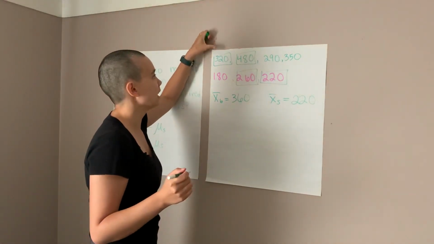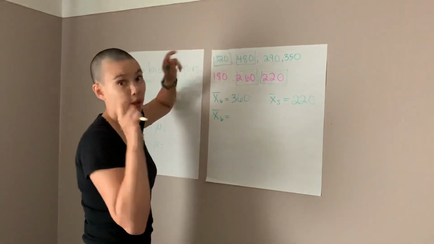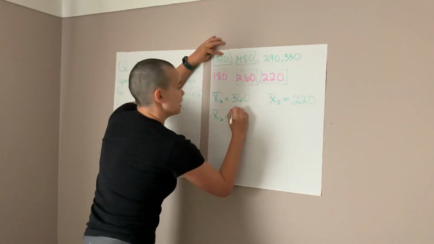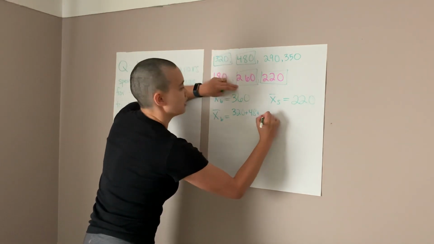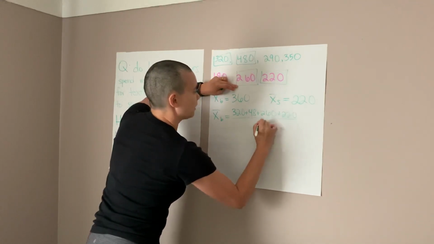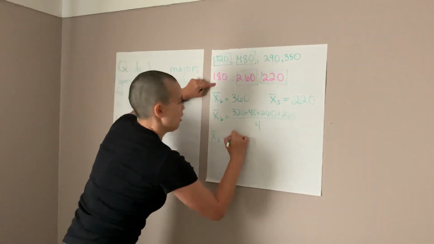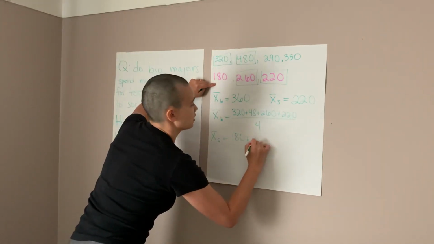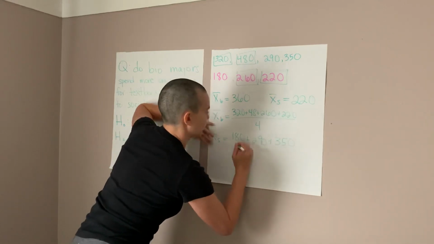Then we could crunch the numbers and find that X bar for the so-called biology group would be 320 plus 480 plus 260 plus 220 over 4, and X bar for the sociology group would be 180 plus 290 plus 350 over 3.